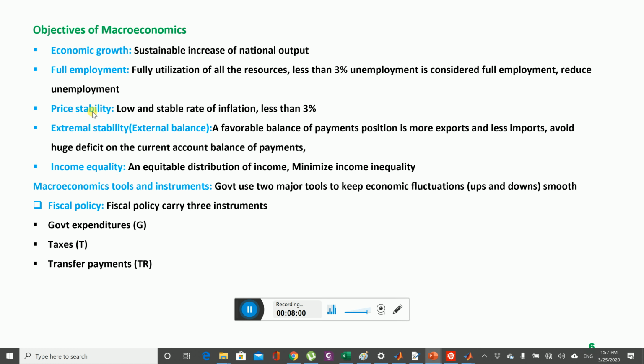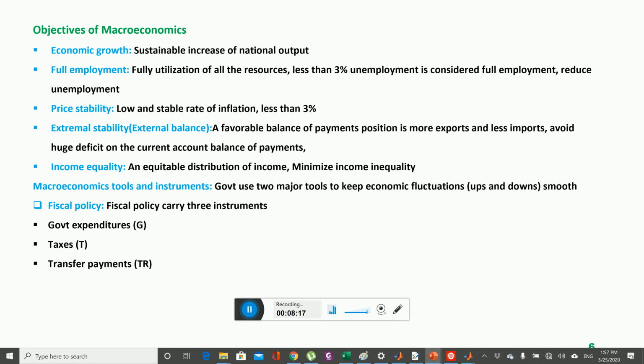The third one is price stability. Price stability doesn't mean that prices will remain fixed. Price stability means a low and stable rate of inflation, and that inflation must be less than 3% annually, 1 to 3% annually.